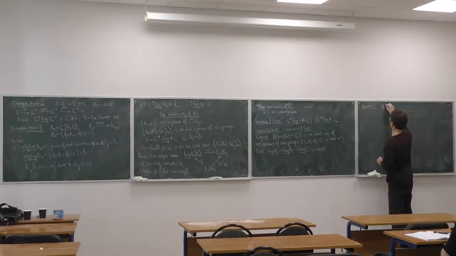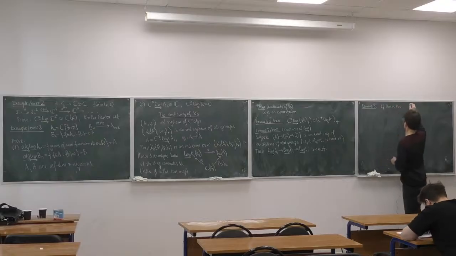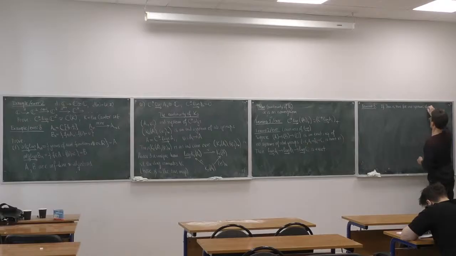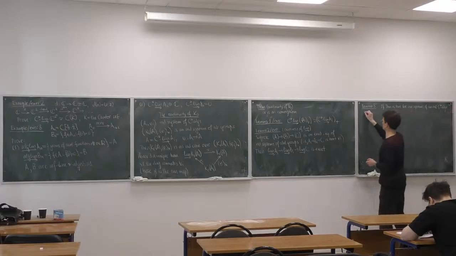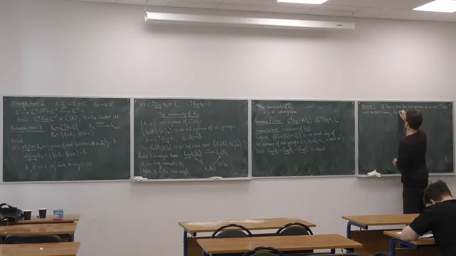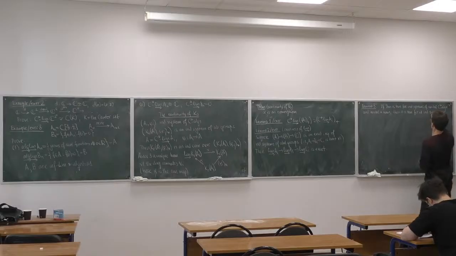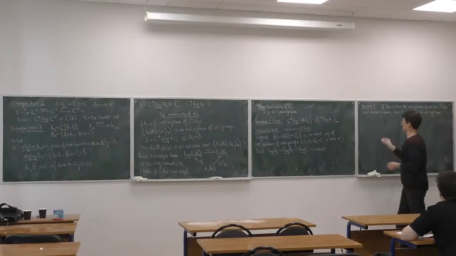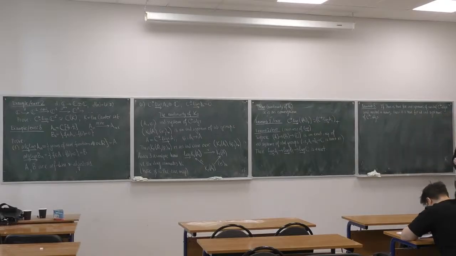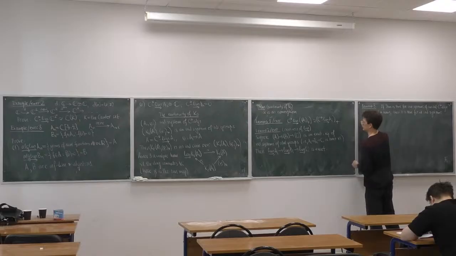If our theorem is true for all inductive systems of unital C-star algebras and unital star homomorphisms, then it is true for all inductive systems of C-star algebras. The proof is a simple combination of lemmas 1 and 2.